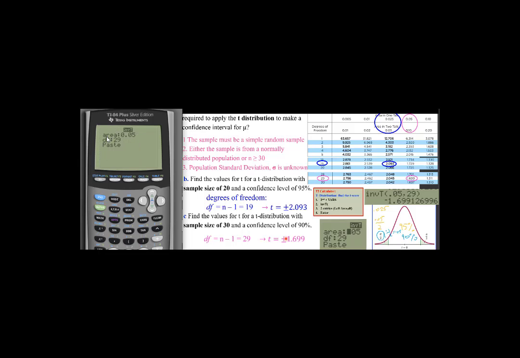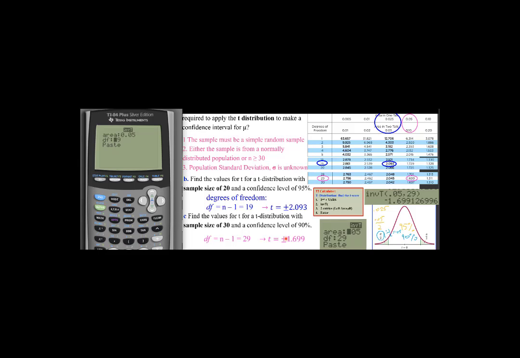And then for the area, we're looking at the area to the left. If you recall, it was 0.05, which is right here, 0.1 divided by 2, which is 0.05. And the degrees of freedom, we all agreed, is 29.